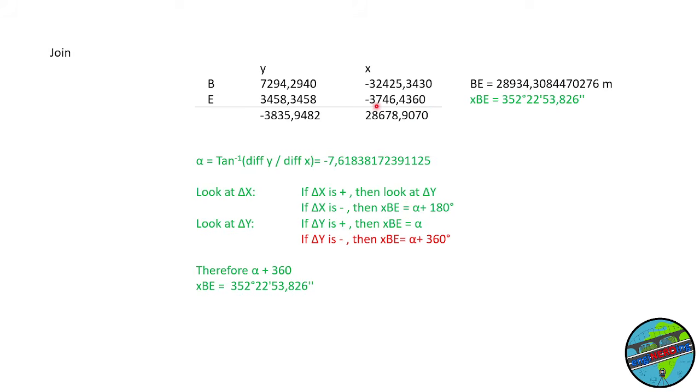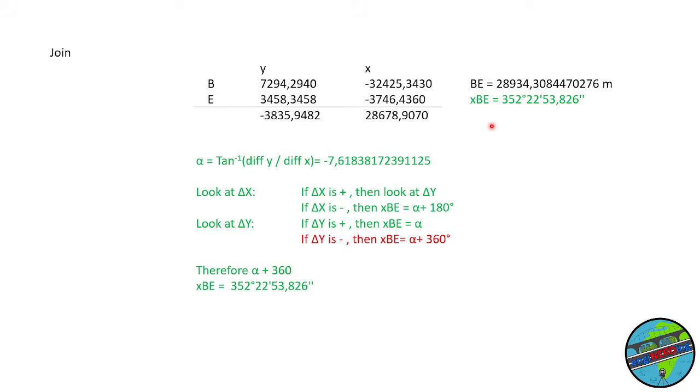In this case, it is positive, so we'll go straight to look at y. However, if it was negative, we'd say if delta x is negative, then it's this value we calculated here, plus 180. But since it is positive, we're going to look at y. Now our y is negative, so we say that it's our value plus 360, which gives us this answer. And that is the proper direction from B to E. We write down over here.